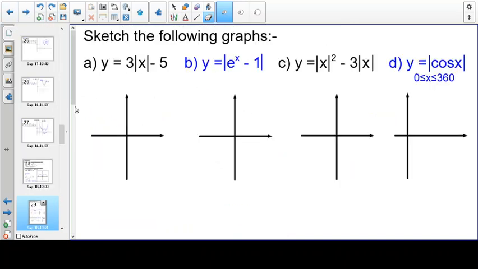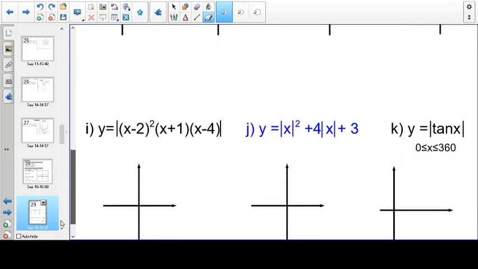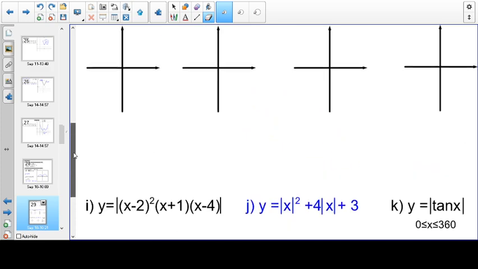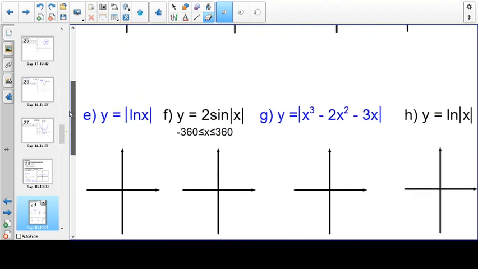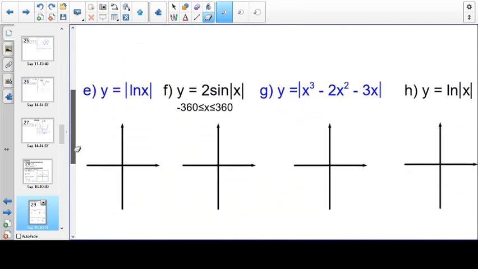Right, you've got all of these in your booklet. So there are 4, 8, 11 to have a go at. Okay, so have a go at those, and we will look at the answers in the tutorial, or I will email them to you.